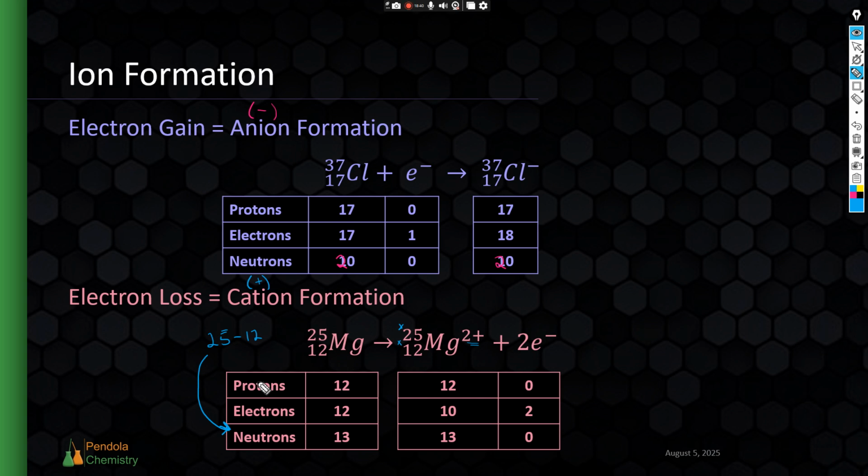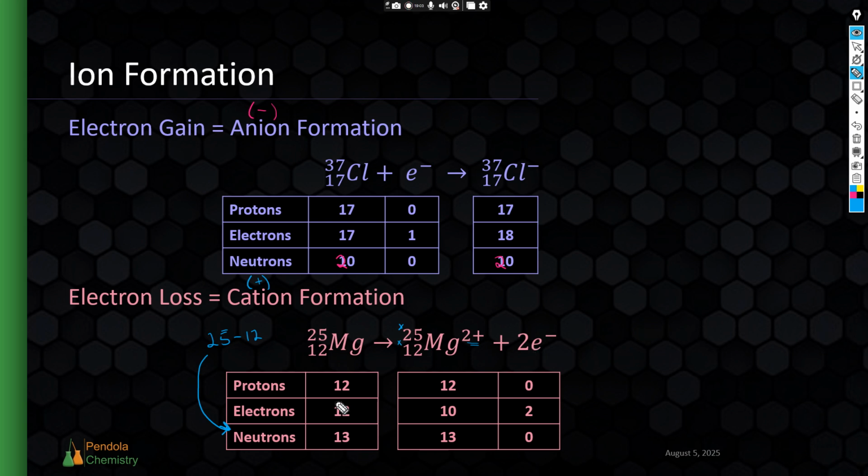We can think about it this way. There are 12 protons in neutral magnesium-25. When it loses electrons, it doesn't affect the protons, so we say 12. Neutrons, same thing. We have 13 neutrons in neutral magnesium-25. When it loses the electrons, it doesn't affect the neutrons because there are no neutrons in those electrons.